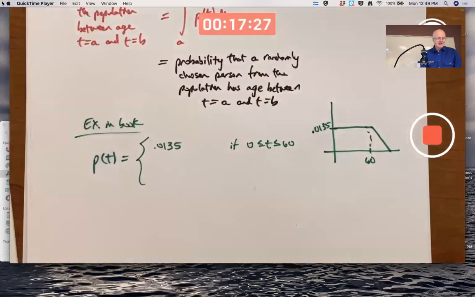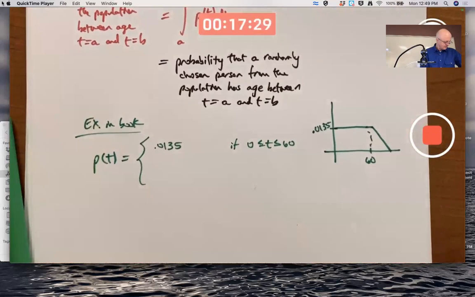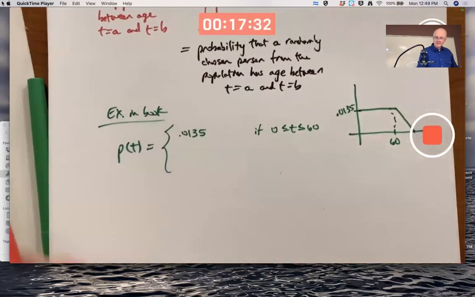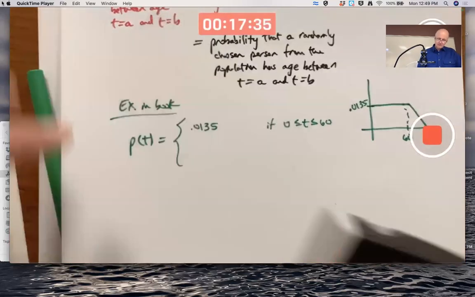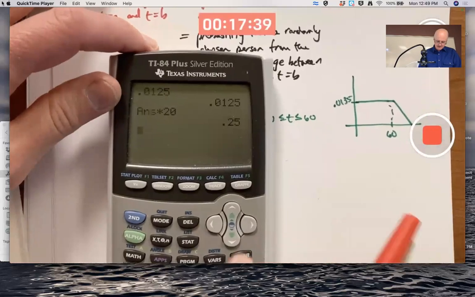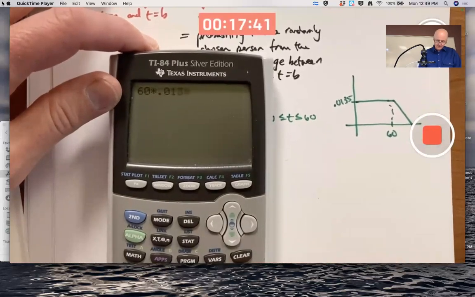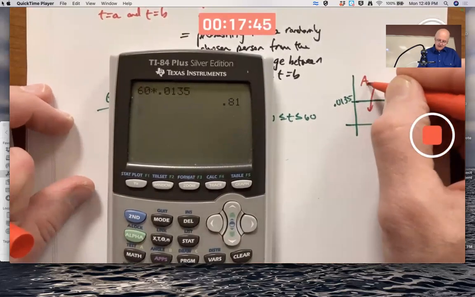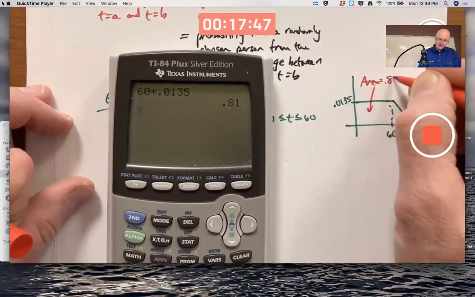What's the area of that rectangle right there? Well, it's base times height. 60 times 0.0135 is 0.81. This area equals 0.81.